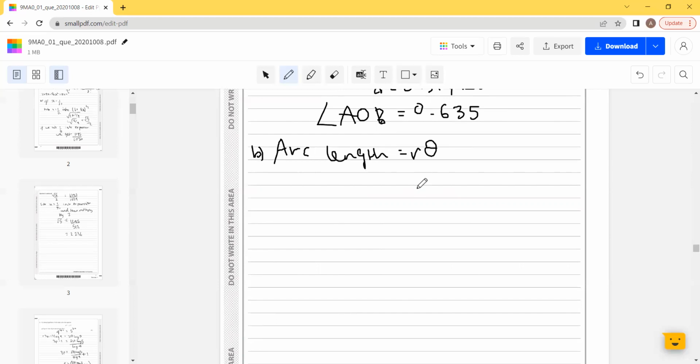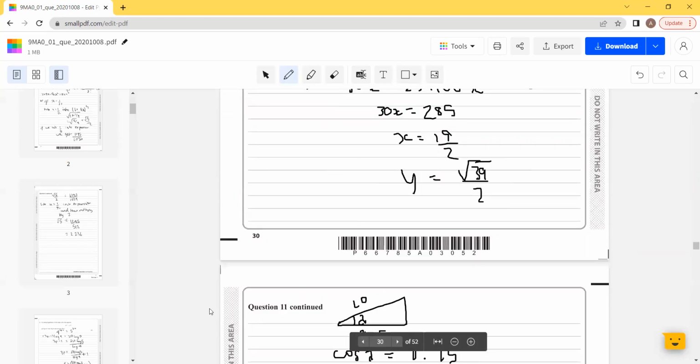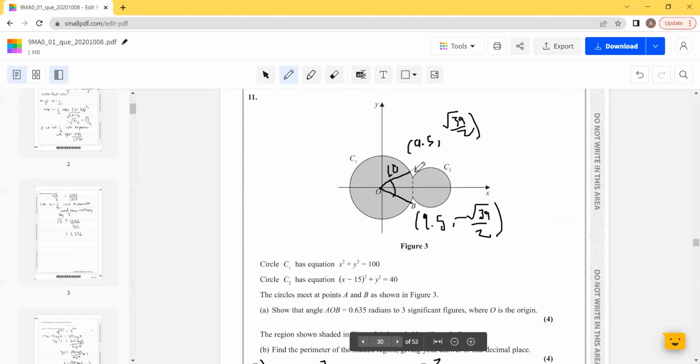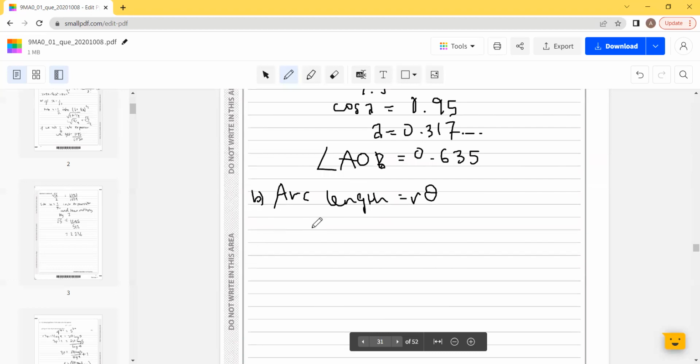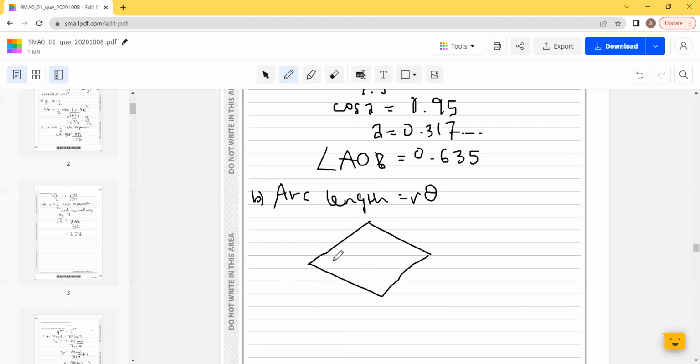So now I'm just going to extract some information. Actually, let me just draw it this way. I'm just going to draw what I have. This is kind of what we have, kind of like a diamond shape.